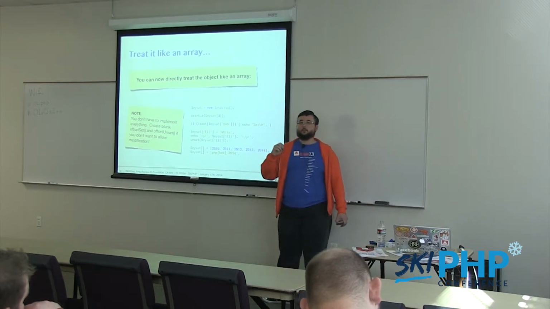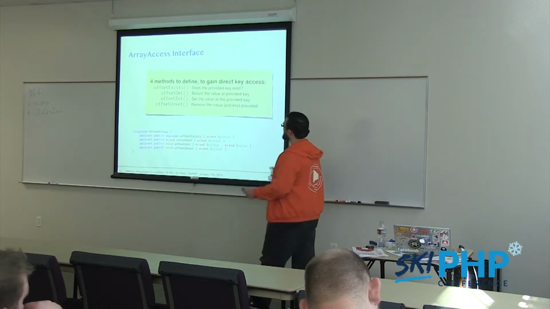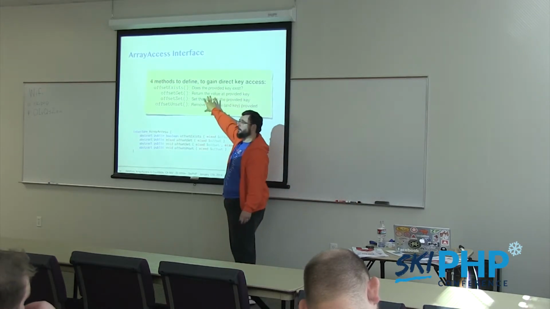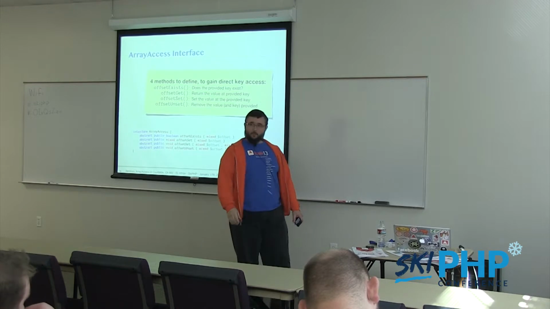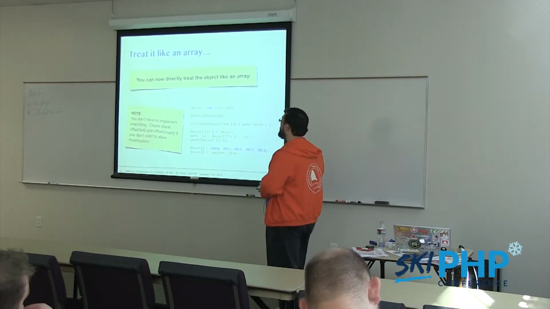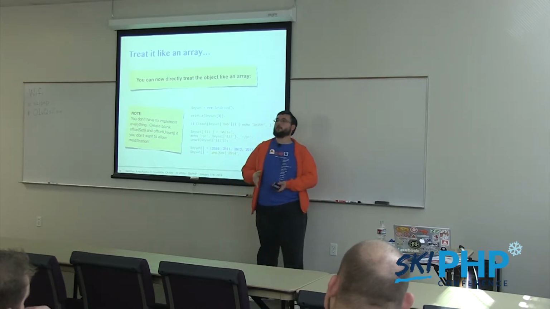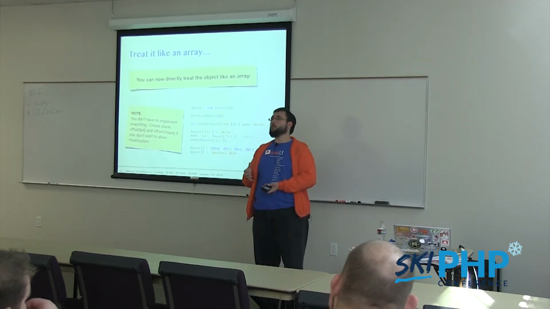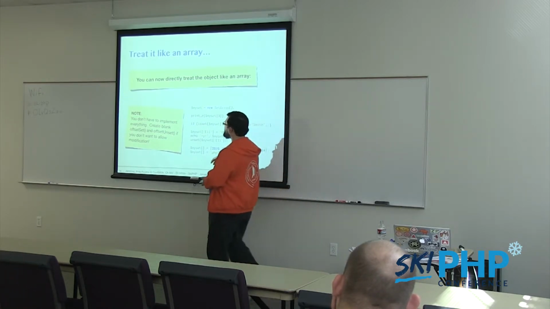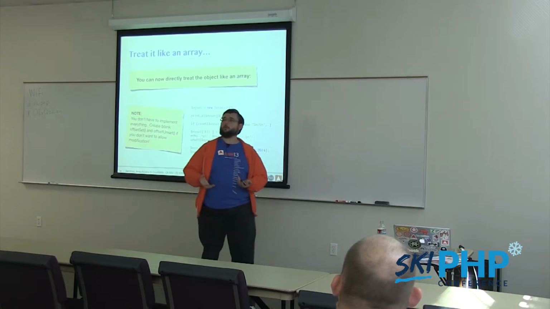Now, something that's interesting to note, you have to implement all 4 of these. But that doesn't mean they have to do anything. So it's a very common practice if, say, you're doing this for data that's come from the database. Maybe you don't want someone calling a set on this data that came from the database, because you're not really going to be setting it.